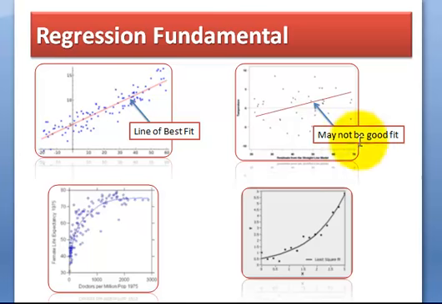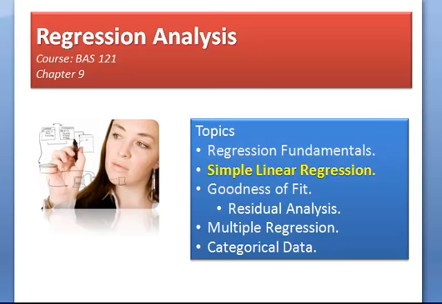So all of these different things we will be testing for in terms of when is my data exponential, when is it linear, when do we have a good fit, when don't we have a good fit. So that's a little background on what regression is. It's basically trying to explain how one variable is driven by another variable or is related to that variable.